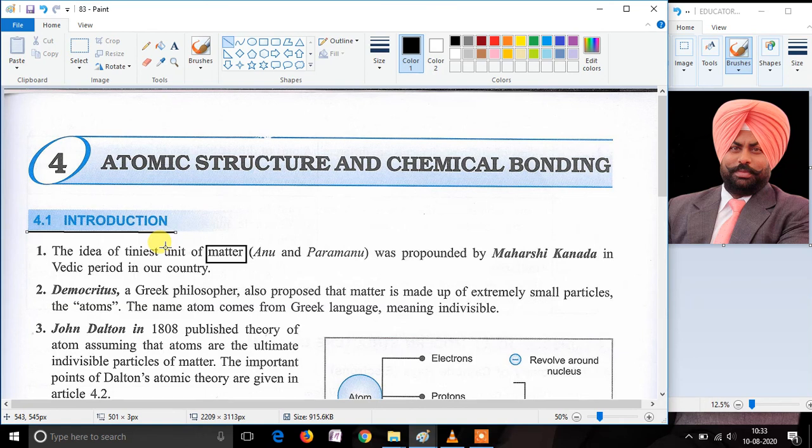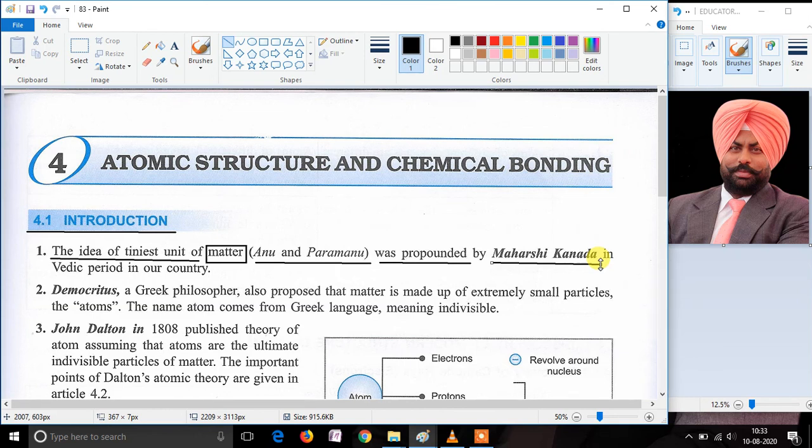In our country, India, the idea of the tiniest unit of matter, which is called Anu and Paramanu in Sanskrit, was discovered by Maharishi Kanad. Maharishi Kanad was a sage in India.